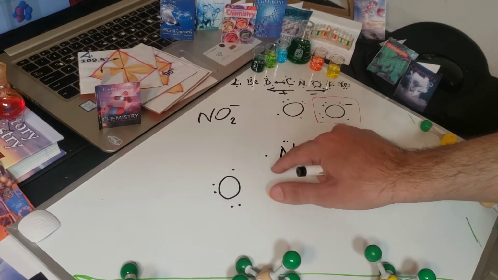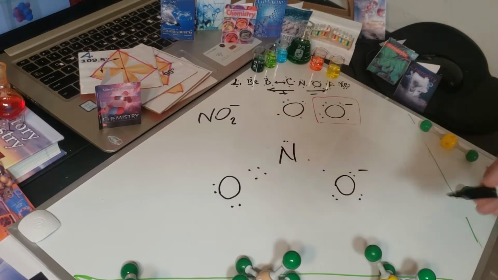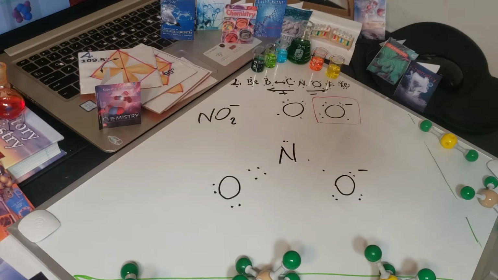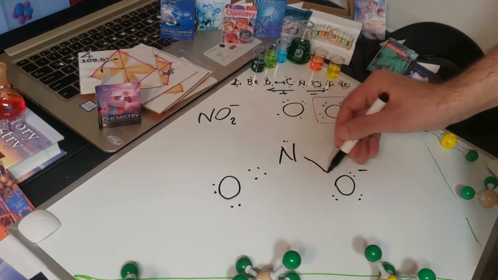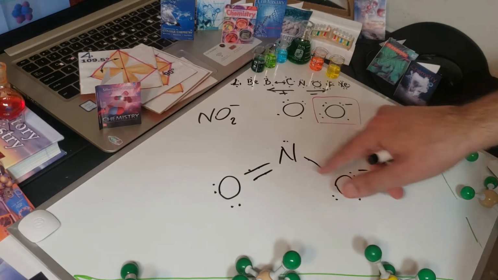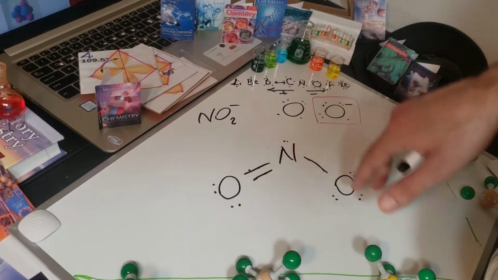If I share this first pair and also the second pair, my oxygen would be satisfied with 8. My nitrogen has also been satisfied with 8. So I can make a double bond between the nitrogen and oxygen, and a single bond between the nitrogen and the negative oxygen. That's the structure of NO2 minus.